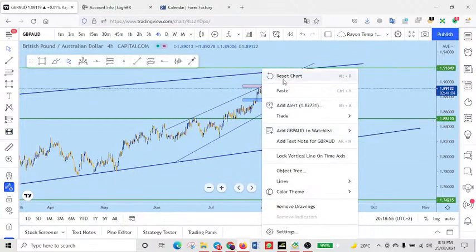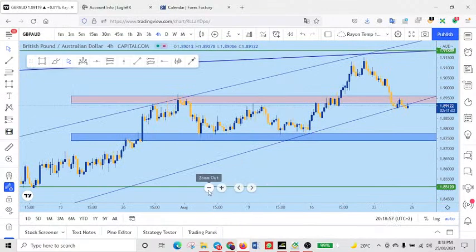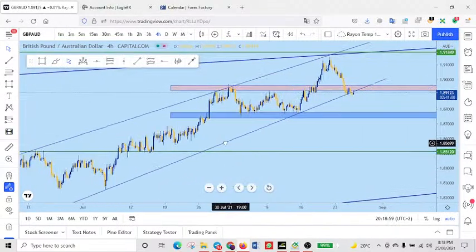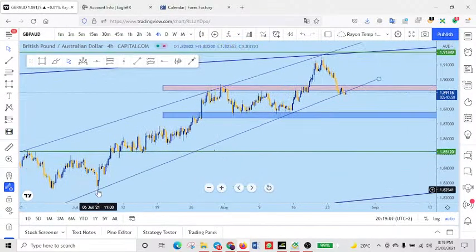Let's look at this. Just look at this, guys. Let's see what is happening. A bounce off, a bounce off. This bounce off and this bounce off gives me this trend line.